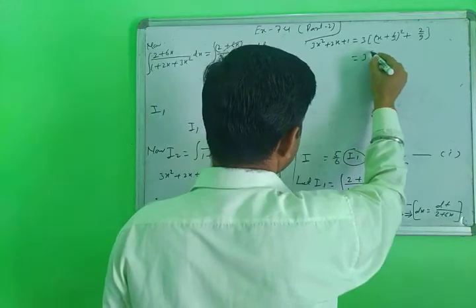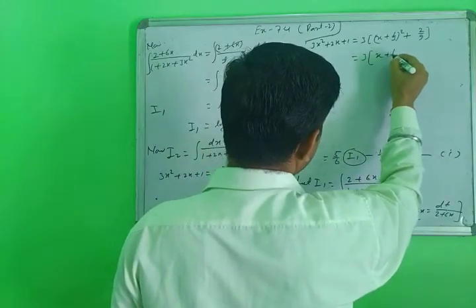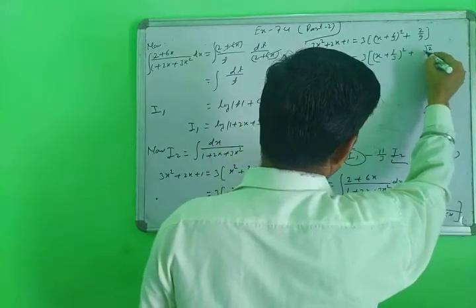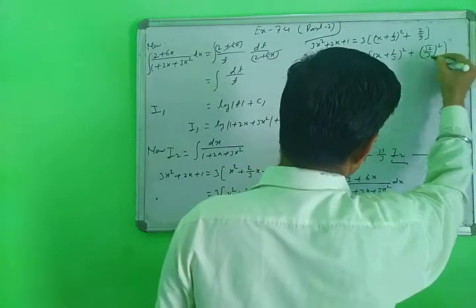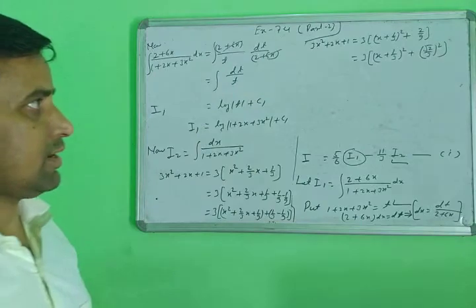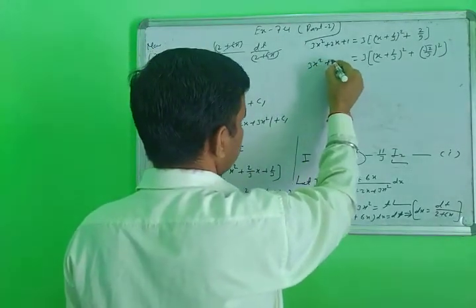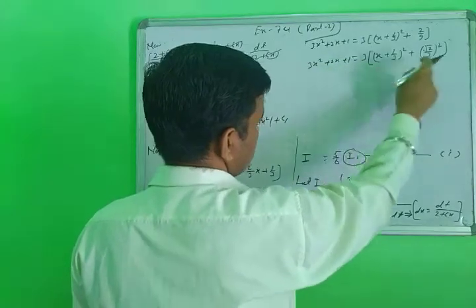You will convert it here as 3 times (x + 1 by 3) whole square, and here make it root 2 upon 3 whole square. So this is the perfect square form of 3x² + 2x + 1.